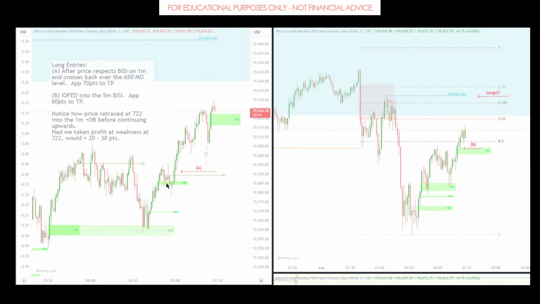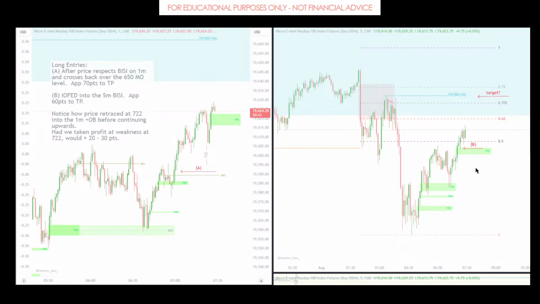That's the manipulation phase, and then that would be the expansion or distribution phase. And it looks like we had a small bullish inversion over here, just above or overlapping with this BISI, the 1 minute BISI. So we could have entered bullish once we crossed above the macro open time, or even lower, possibly.